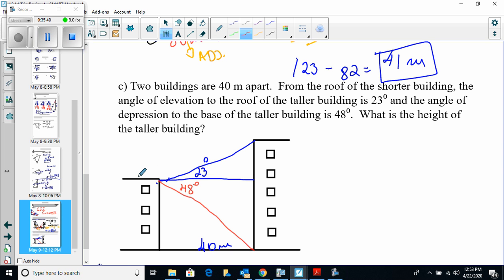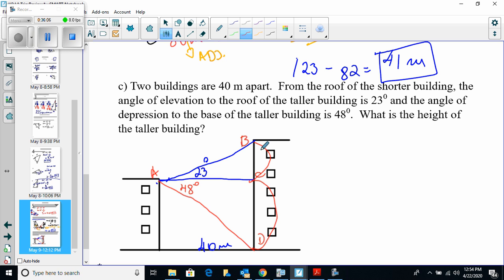So I will say this is A, B, C, and D. And we'll deal with those two triangles together because the height of the taller building is BC plus CD.